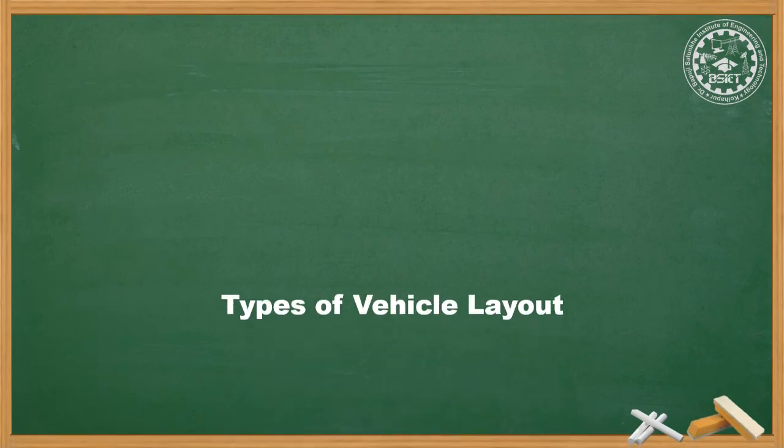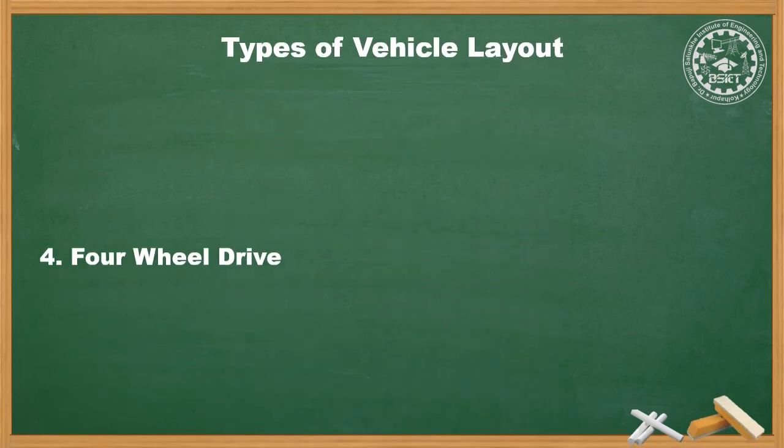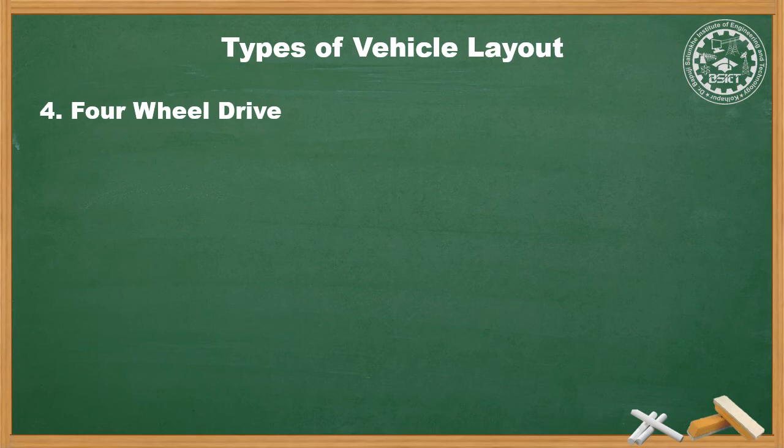The last type of vehicle layout is four-wheel drive, also called 4WD. To increase the use of a vehicle required to travel on rough roads or terrain, four-wheel drive is provided.